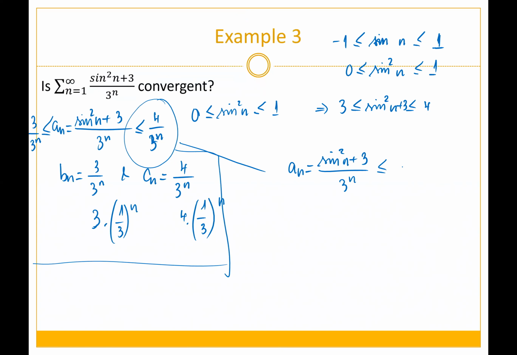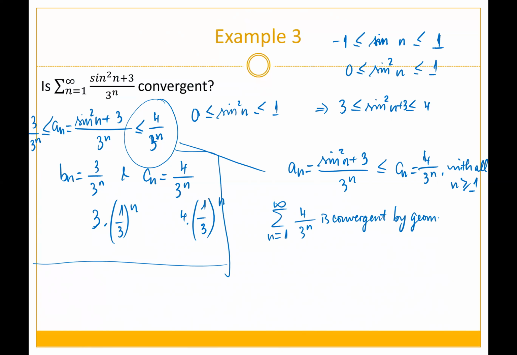It's smaller than cn equal 4 over 3 to the n, with all n bigger or equal to 1. Now, you have the series from 1 to infinity of 4 over 3 to the n is convergent by geometric series with r equal to 1/3.